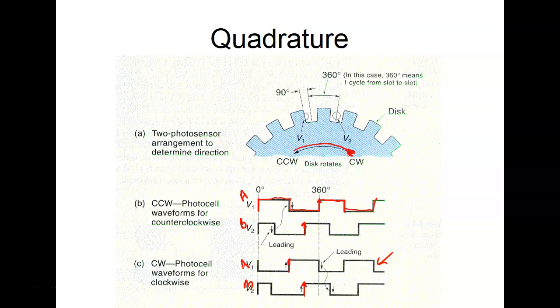The count would give us the direction, right? The count would give us the position. And the rate of the pulses would give us the speed. So with these, we can measure three things: direction, speed, and position.